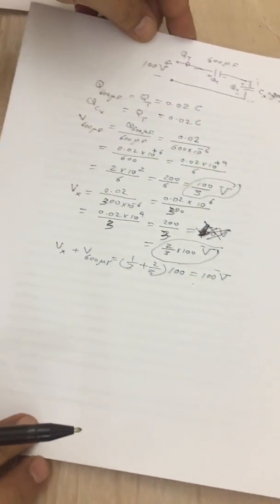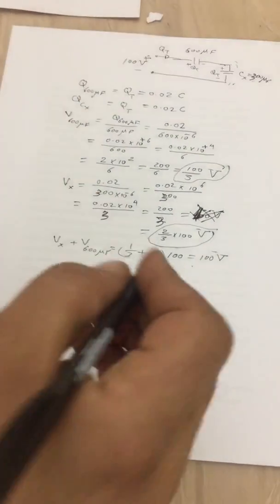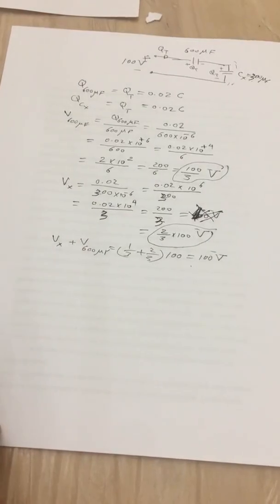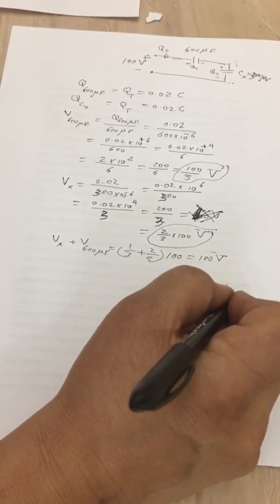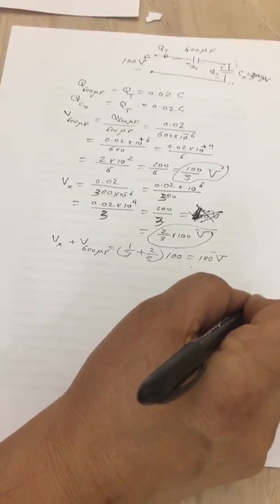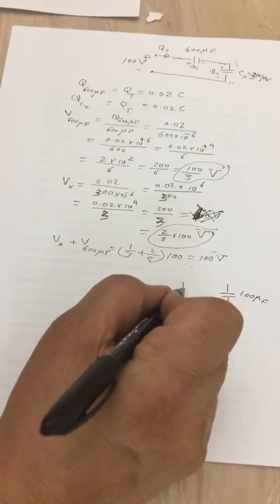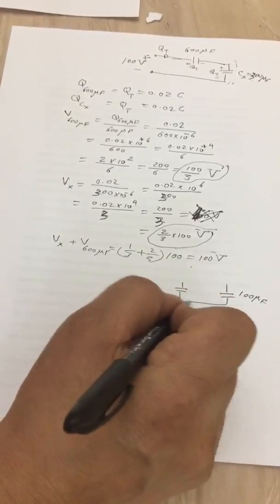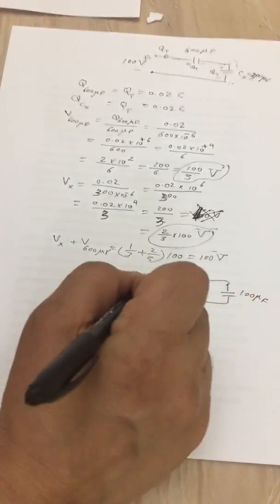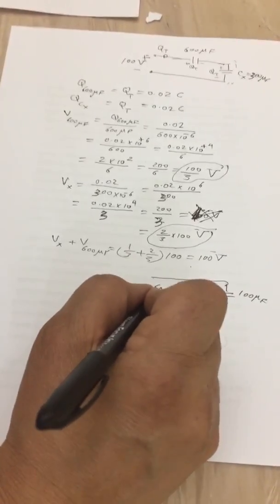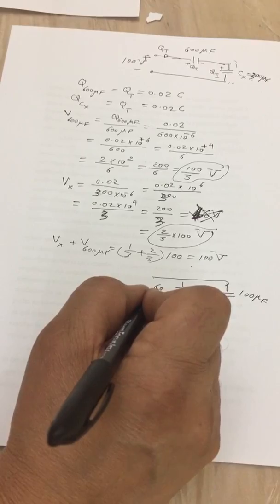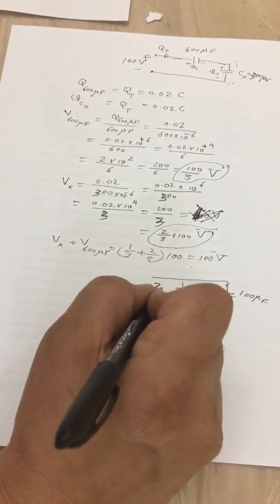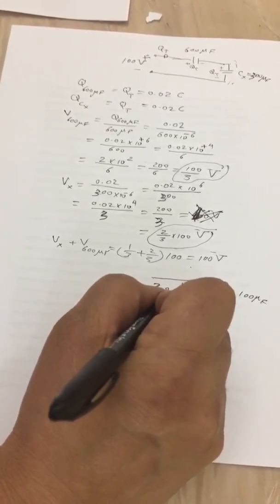Now, we want to calculate individually what is the individual charge and voltage across each capacitor. So what we have here is 100 microfarad, and what we have here is 600, 200 microfarad.